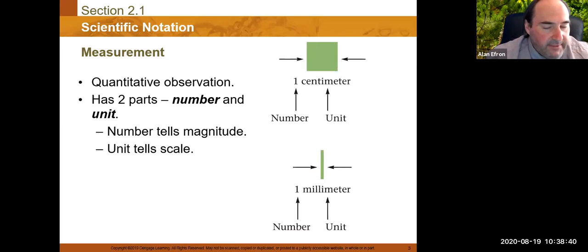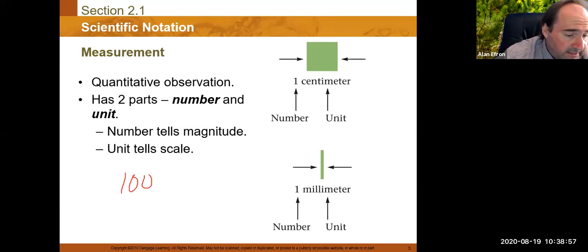So in terms of measurements, when we take a measurement, there are two parts to a measurement that are really important. Obviously the number part is important, but also the unit part. For example, if I just wrote, hey, I have 100, that's a nice number, but we really don't have any relationship in terms of what that number means.